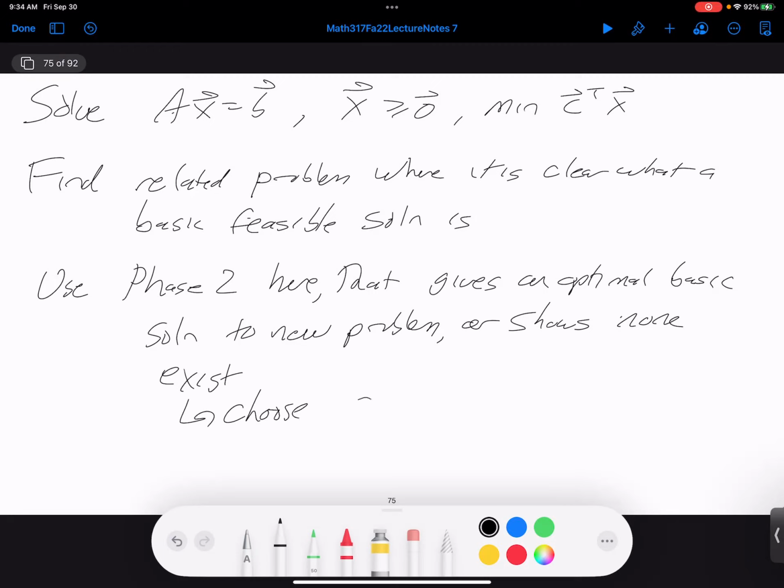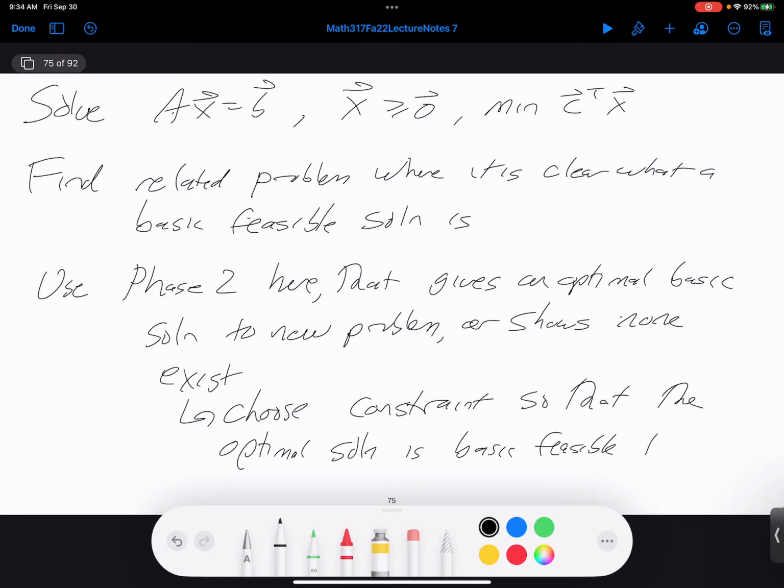We choose the constraint so that the optimal solution is a basic feasible solution to the original.